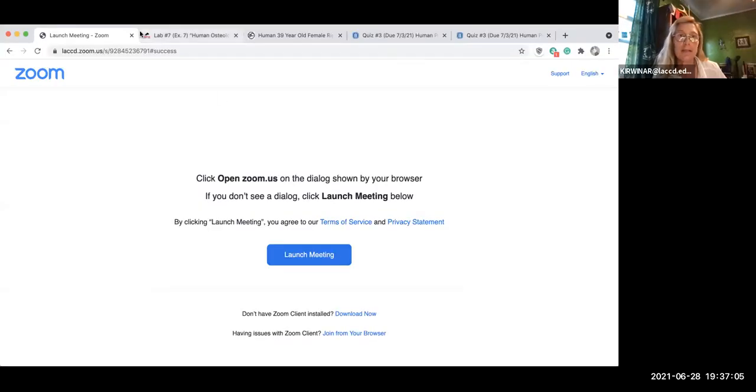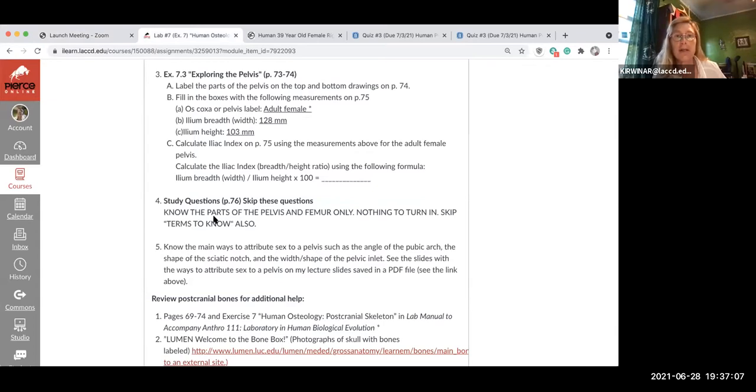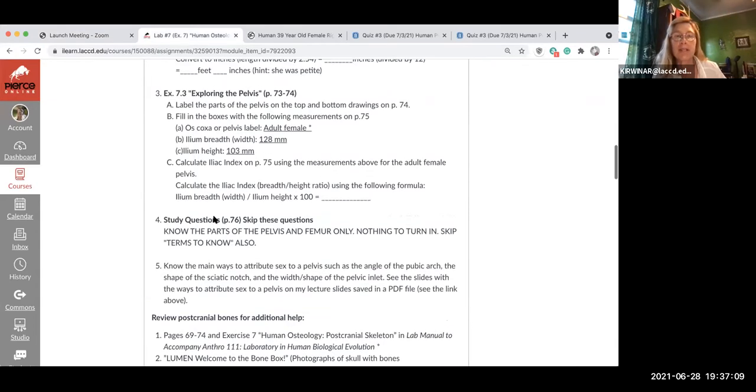We're gonna go over lab. We're still doing lab 7, and now we're gonna do the last part of lab 7, which I'm gonna share screens here, which is the online version of exercise 7 in the lab manual, and it's called Exploring the Pelvis, pages 73 to 74 in the 6th edition.